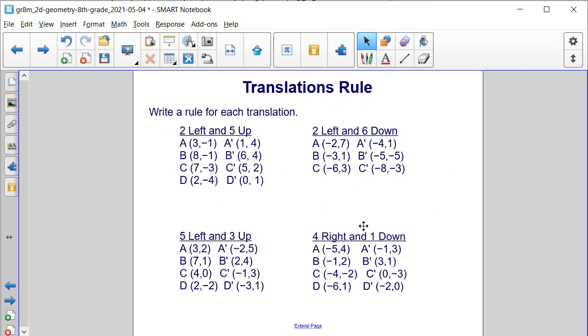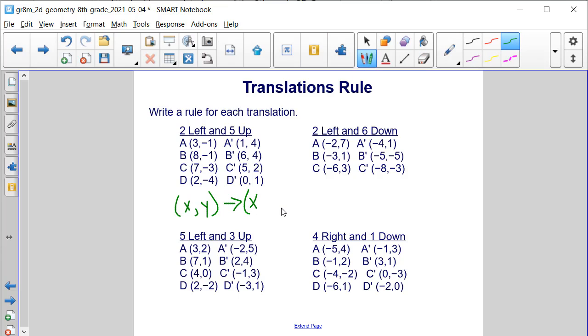So now let's come back to these examples that we had from our coordinate plane translations that we moved. Our first one that we had to do was to move 2 units left and 5 up. So we're taking our x comma y and we are moving 2 left.